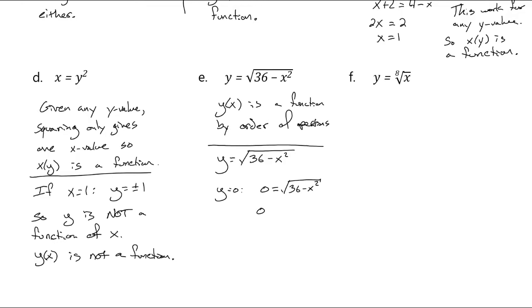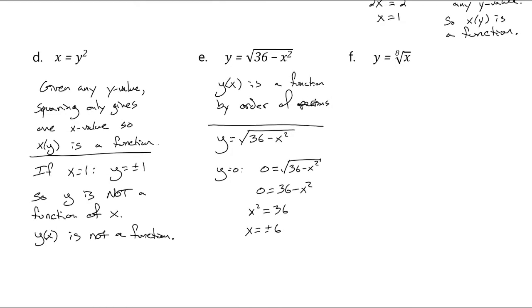I'll square both sides to get 0 equals 36 minus x squared. I'll add the x squared to the other side to get x squared equals 36. And then we can see that x could equal plus or minus 6. So for a given y value, we could get two x values out. So x of y is not a function.